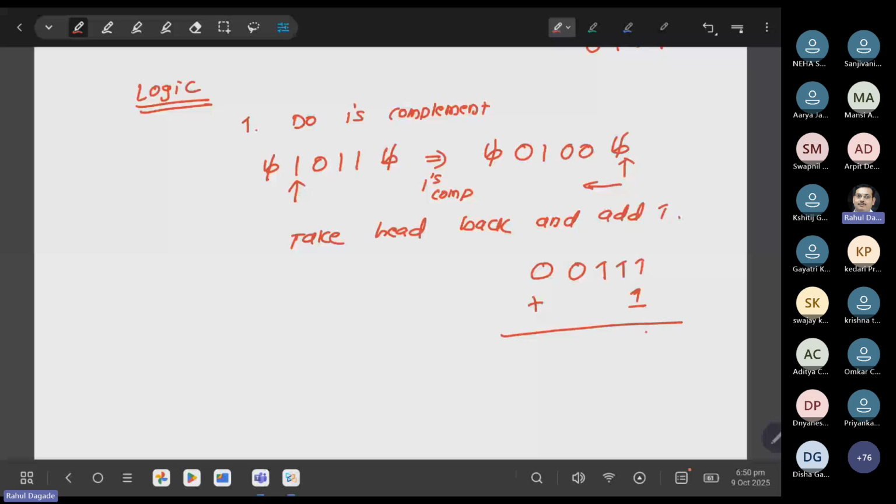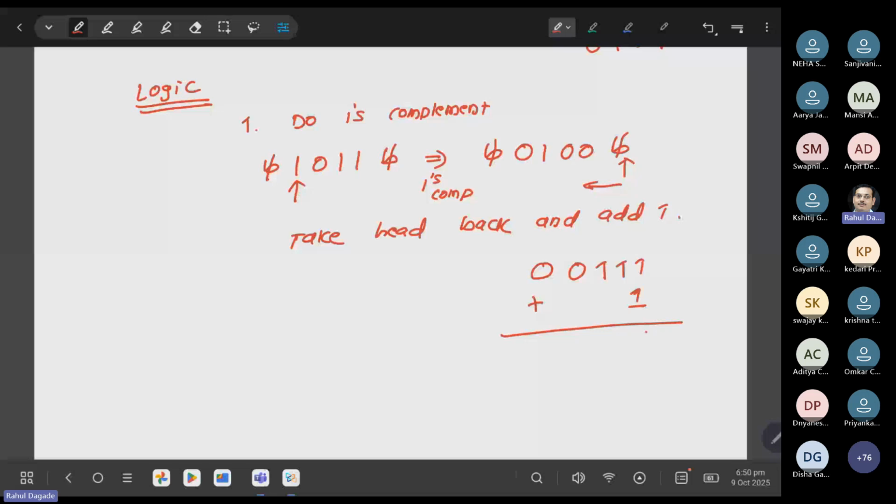That means 1 is converted into 0 till you get the first 0, and that first 0 will be converted into 1, and whatever remains after that stays the same. For example, if we have the input 1 0 0 1 1 1 and add 1 to it, this 1 will be converted into 0, this 1 into 0, this 1 into 0, and this first 0 will be converted into 1, and the remaining 1 0 will be kept as it is. So we have to implement this logic.